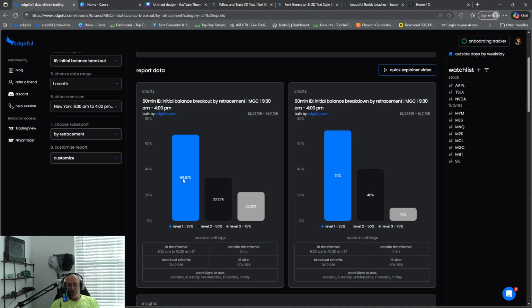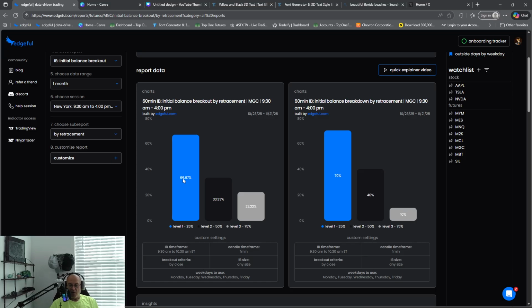So my second entry really needs to be around the 25%. So let's just say price breaks out, I take the trade, it stops me out because it comes back inside the initial balance. Now I'm looking for my second entry on this, and I know I need to let price at least get to the 25% because it happens the majority of the time.